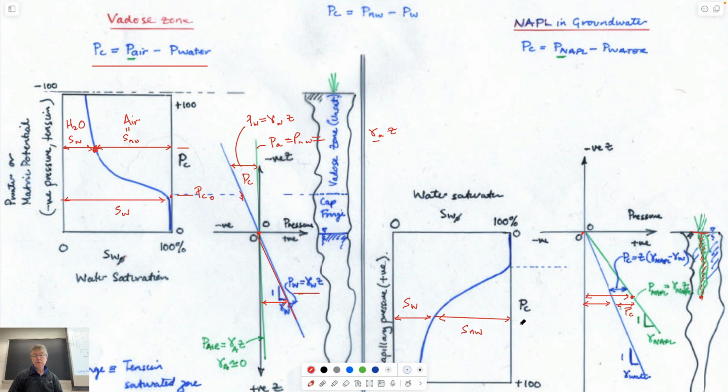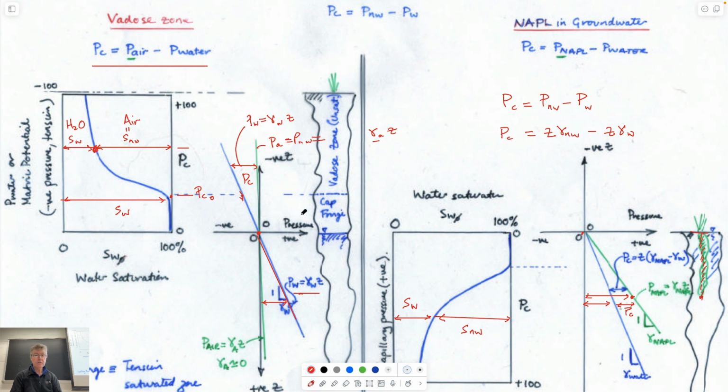And of course, you can link this capillary pressure directly to the depth, which is the same as the depth of the non-wetting fluid minus the depth of the wetting fluid.